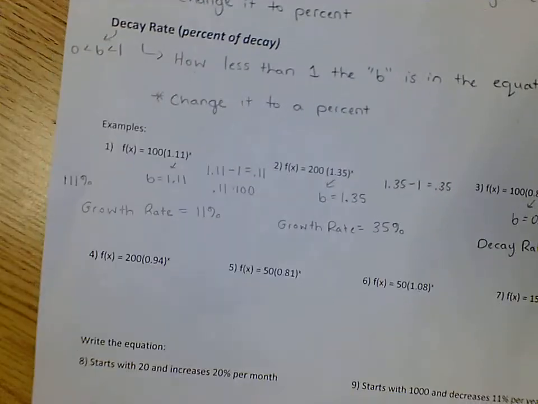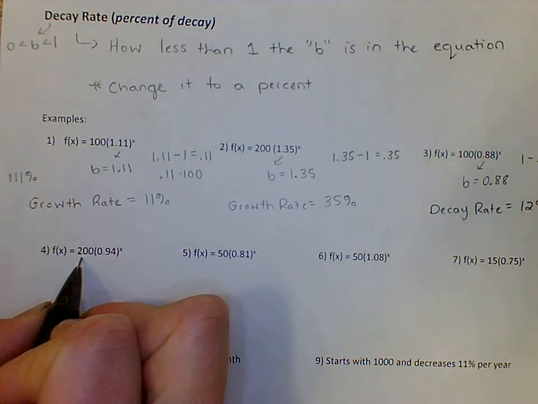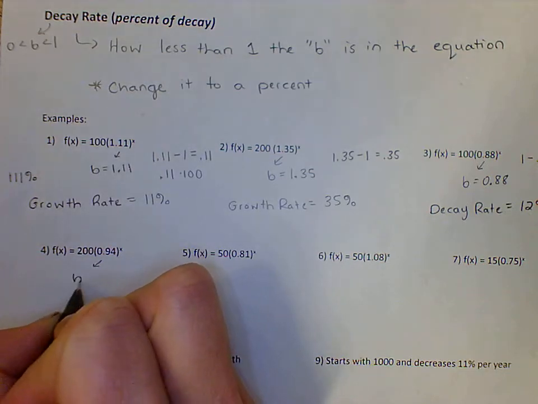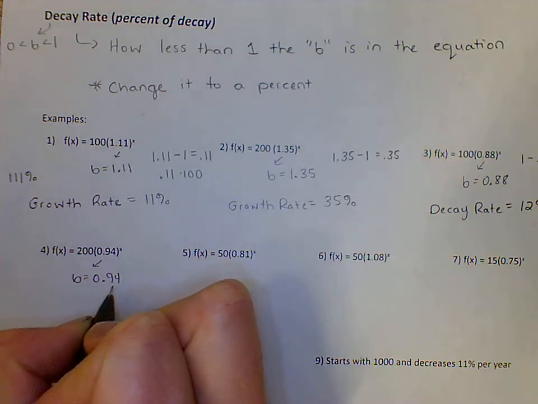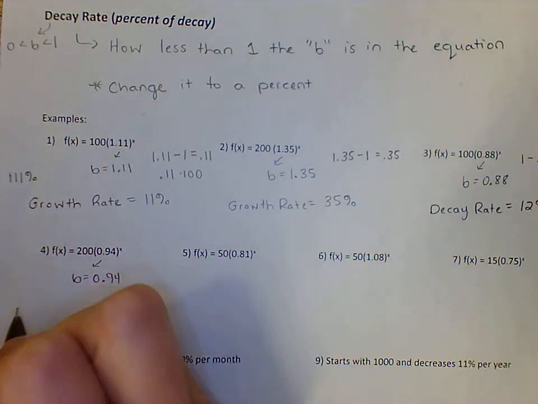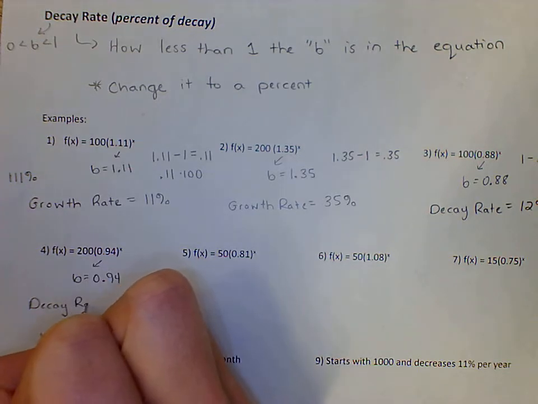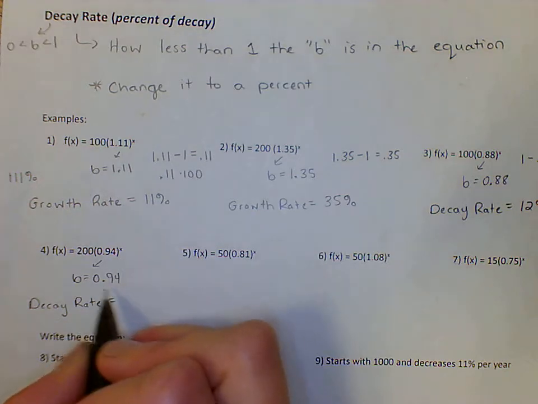And let's keep going. So let's do a couple more examples. So this one started out with 200, and the b is 0.94. So that number is between 0 and 1, so that means this is going to be decaying. So we're going to tell the decay rate, how fast is it decaying. So you're going to look at what percentage is going away.